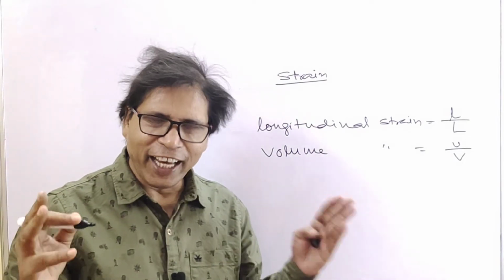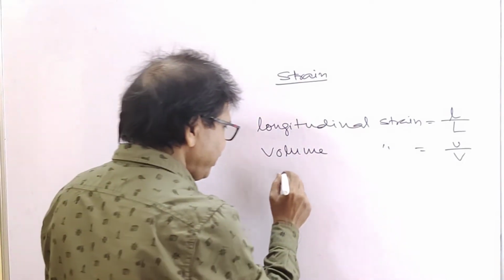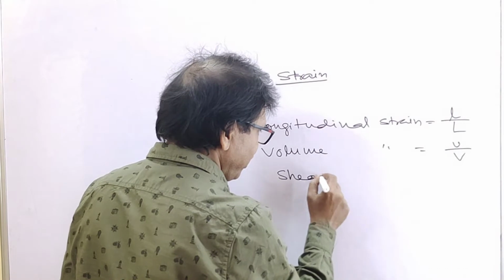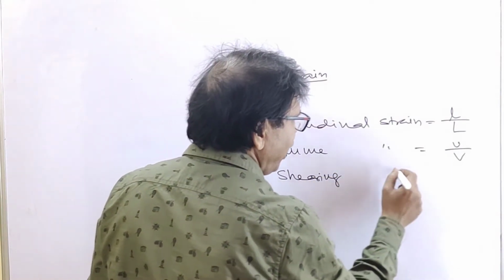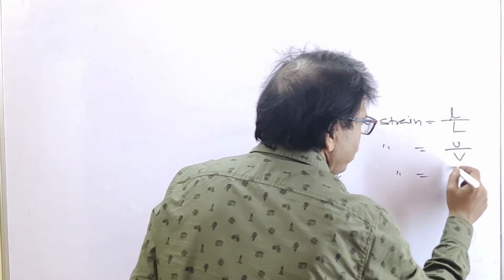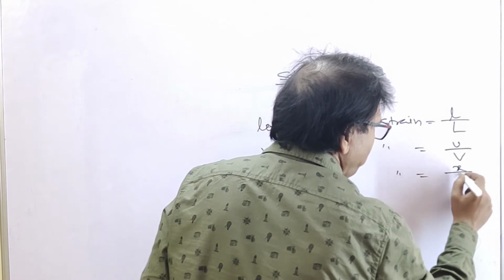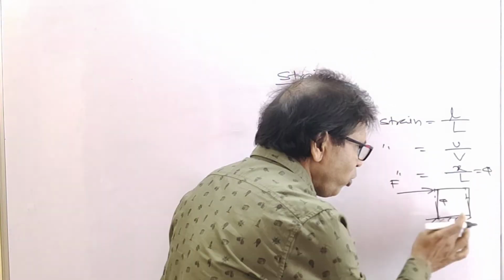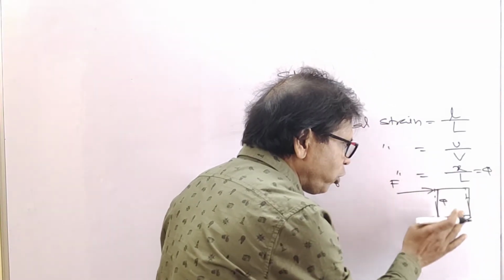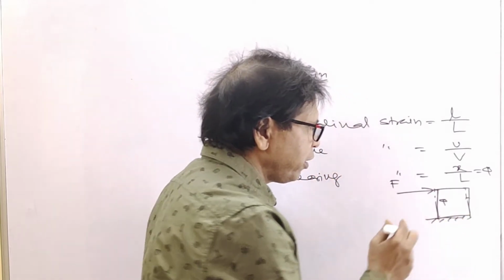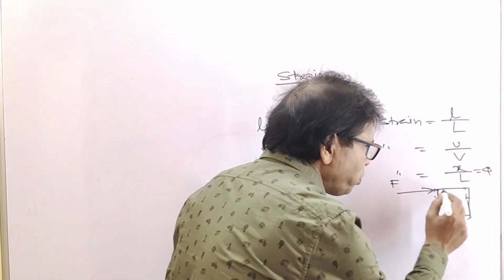And shearing strain. Shearing strain is the shift of the surface divided by edge of the surface. If a tangential force acts on the surface keeping the lower surface fixed, the top moves by x.